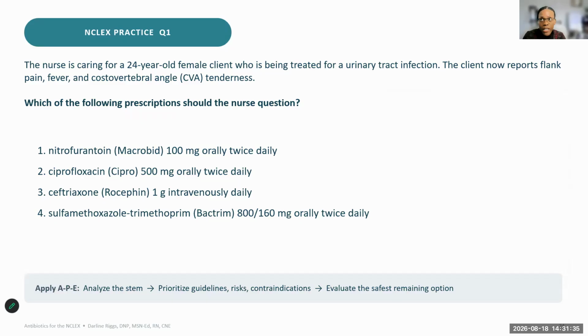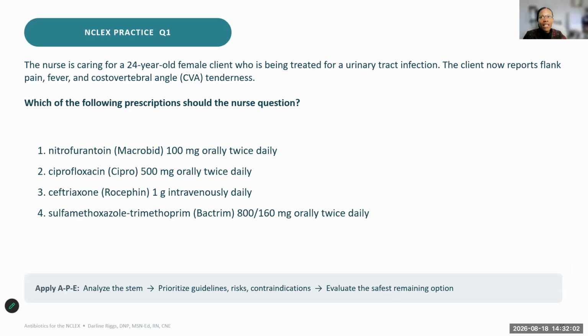I see flank pain, fever, CVA tenderness. I say to myself, this is not a lower or uncomplicated UTI. Fever rules out an uncomplicated UTI. So I need something that is going to penetrate that tissue. This is not a simple cystitis.